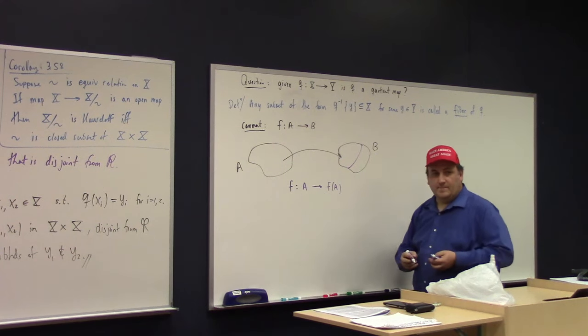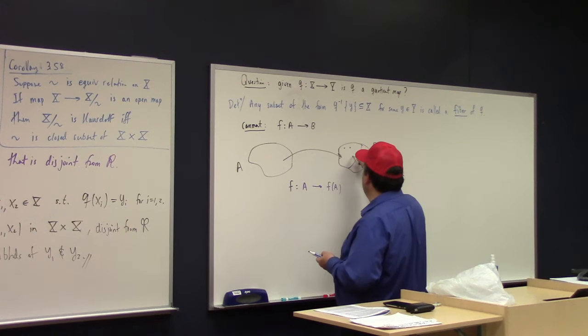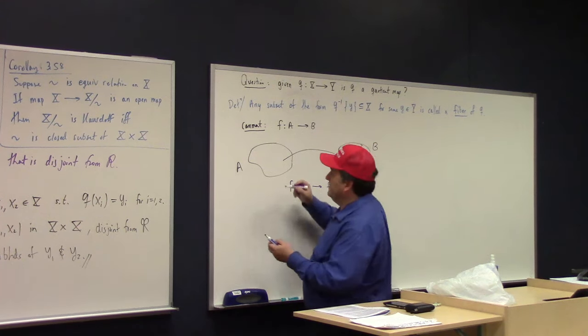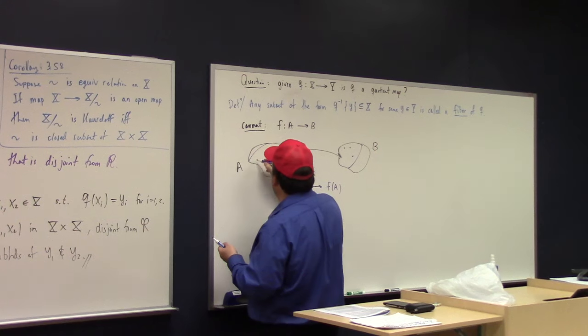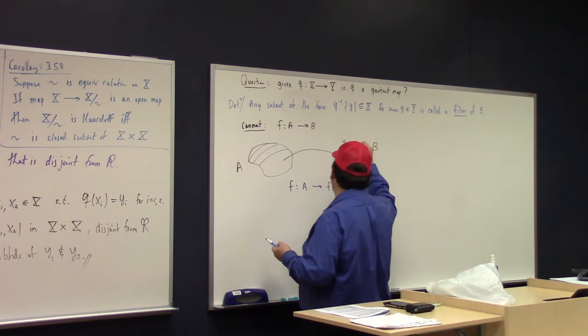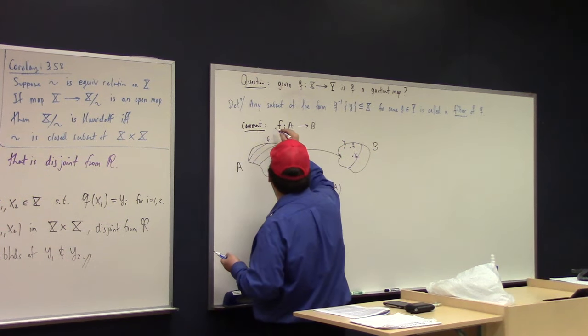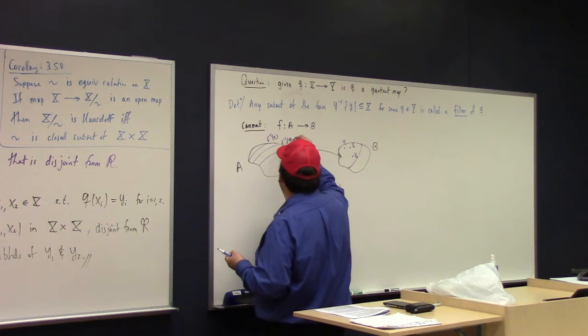Wonderful. And then if you start picking points in here, if this is Y1, Y2, Y3, well, there's an inverse image that those go to in the domain.